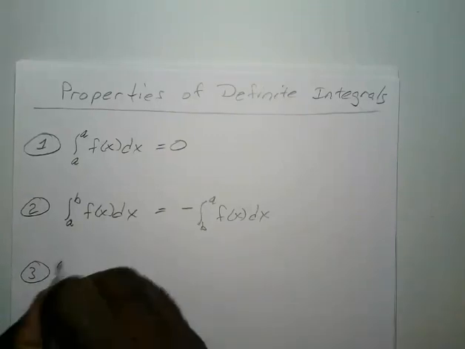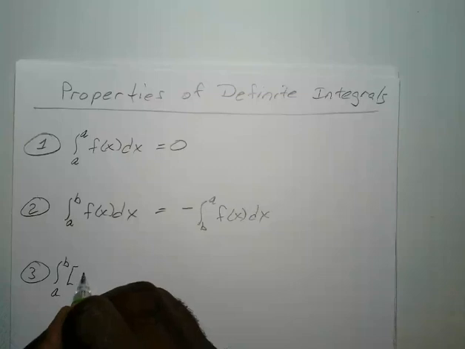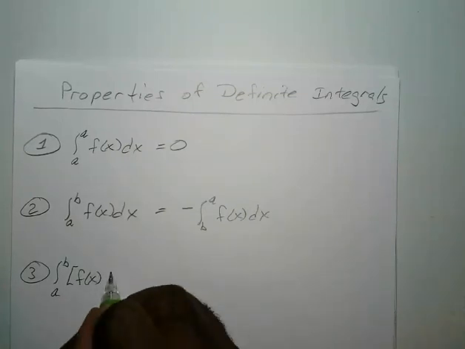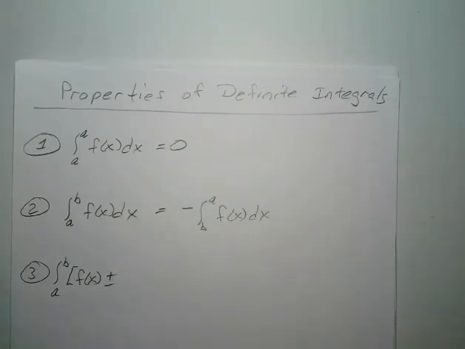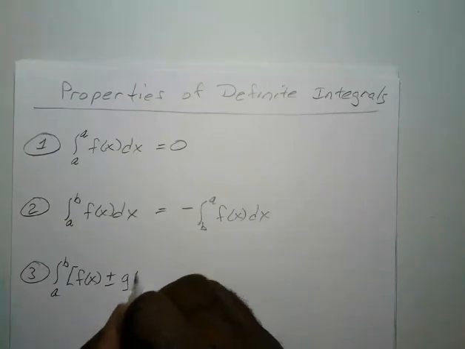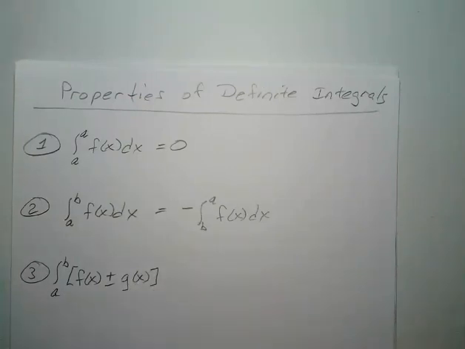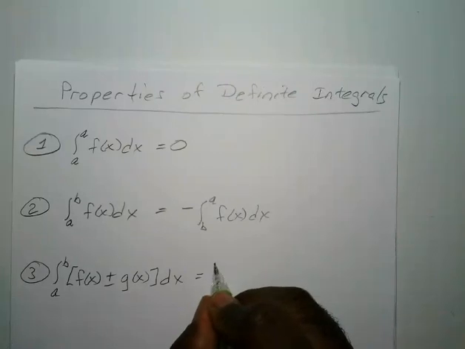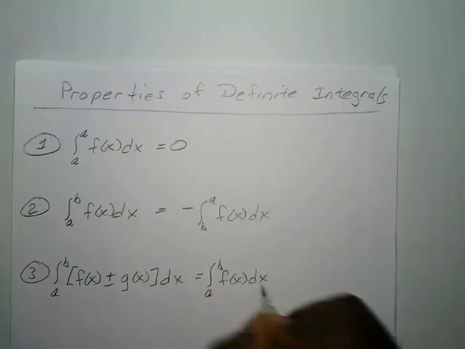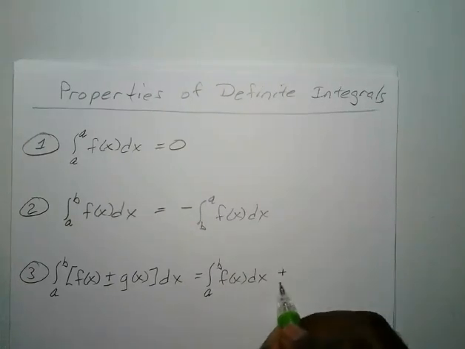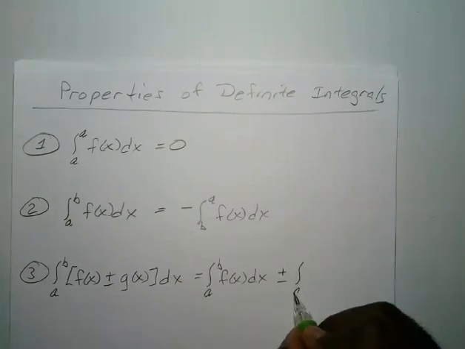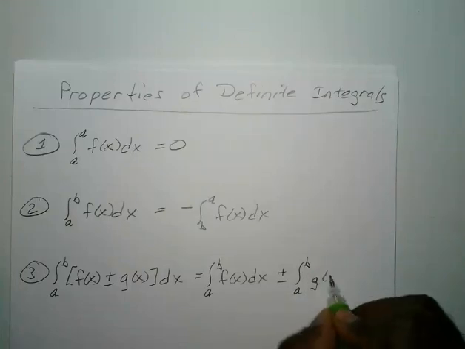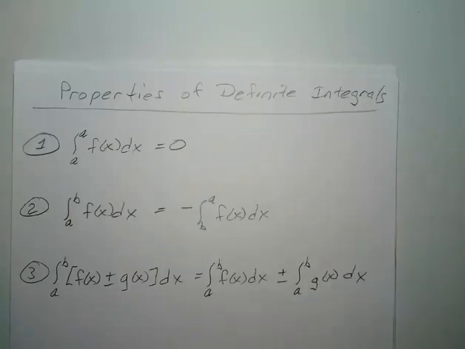The integral from a to b of some function f of x, either plus or minus g of x, with respect to x, you're going to distribute that integral, is equal to the integral from a to b of f of x with respect to x, either plus or minus the integral from a to b of g of x with respect to x.